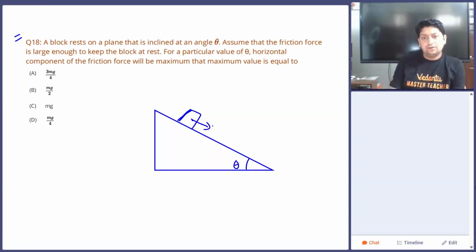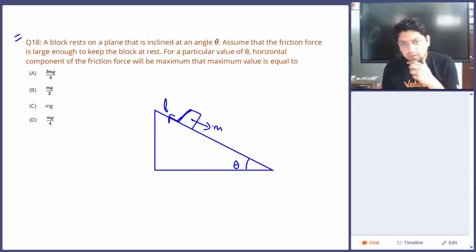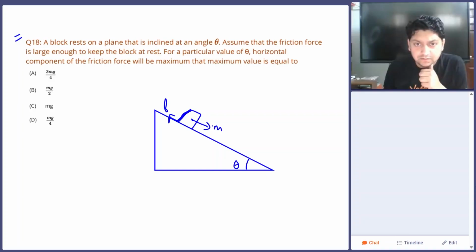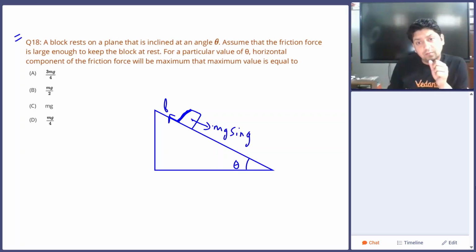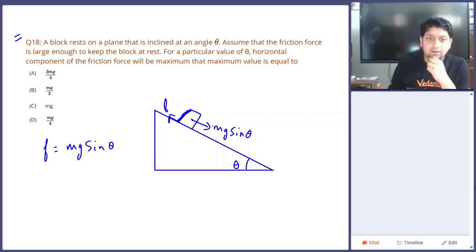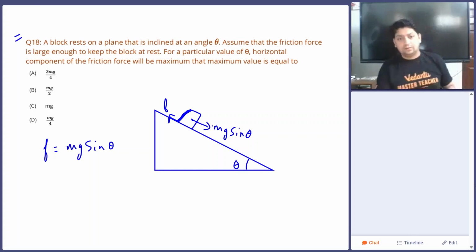The friction force is that much which is able to cancel out the tendency of motion of this block. The tendency of motion is felt in this block because of the mg sine theta component, the component of weight along the inclined plane, right? So friction is equal to mg sine theta over here because it is able to cancel out.